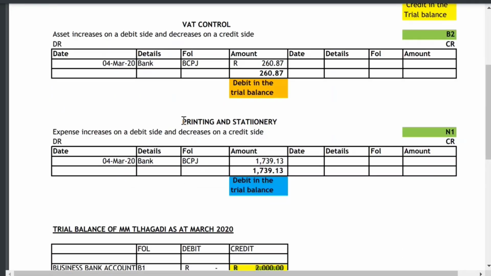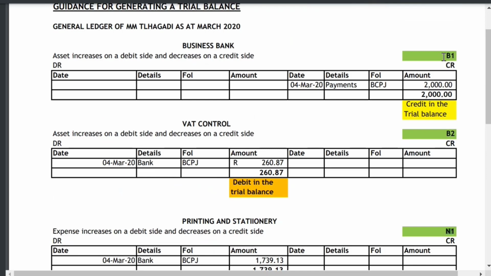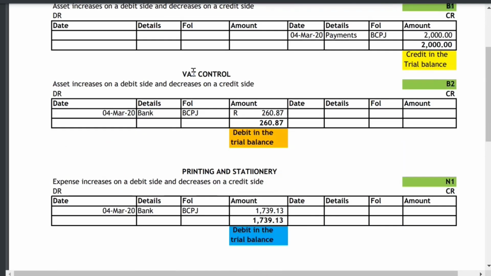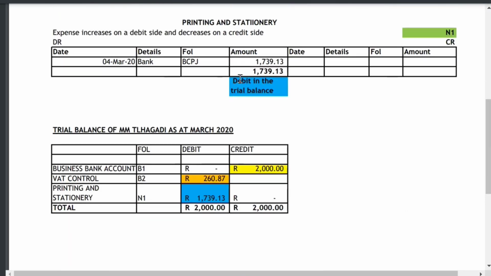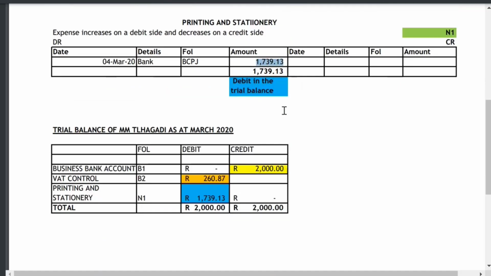And then the last account is printing and stationery. Your expenses are normally your nominal accounts. That's why they are called N, and these are B because they are balance sheet accounts. The account printing and stationery, account N1, is debited in the general ledger with 1739.13.